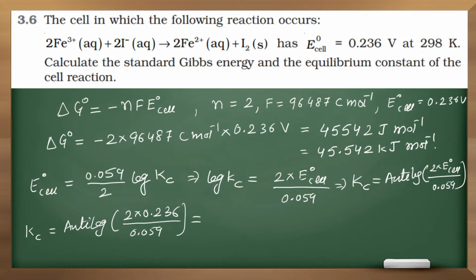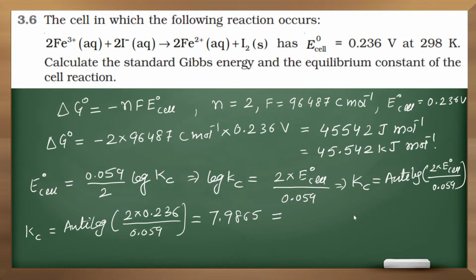I will do it once again: 2 into 0.236 divided by 0.059. But better to write, because if 0.059 is taken, it becomes 7.98 only, 7.9865.